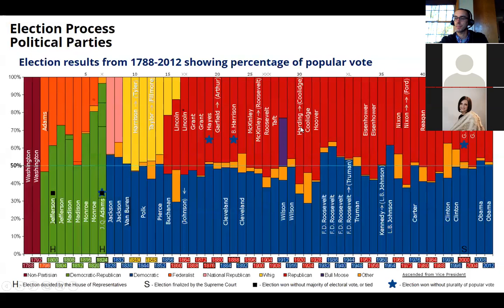So that's the title. Up the top, the vertical axis, we have percentage. So that's percentage of popular vote. That's just the number of people in the country as a whole who voted for that president. Across the bottom, we see different years. Every bar is a year.